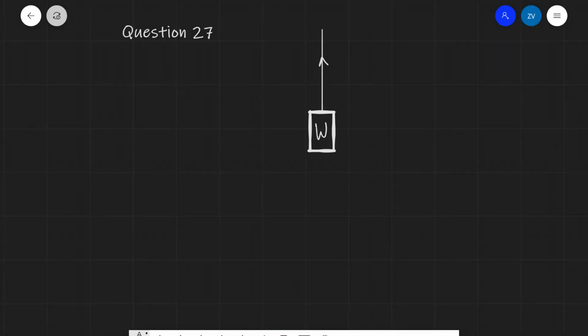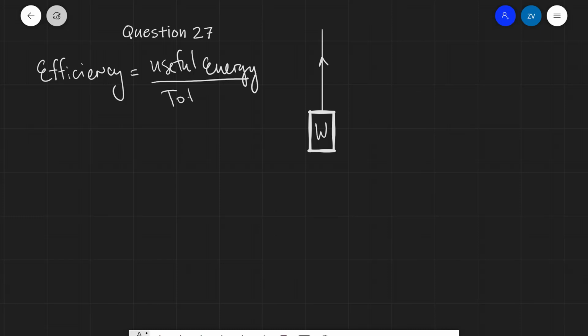Okay, question 27, all about efficiency. Now remember, our efficiency is defined as our useful energy divided by the total energy. The useful energy in this case is just simply gravitational potential energy.